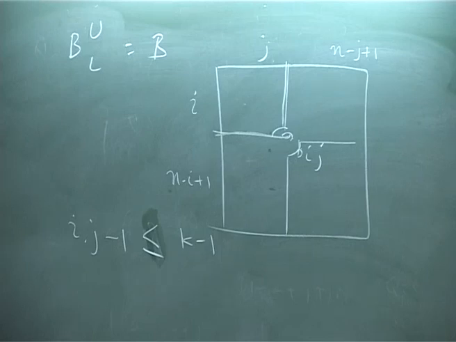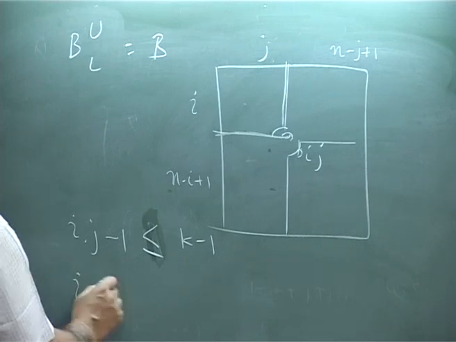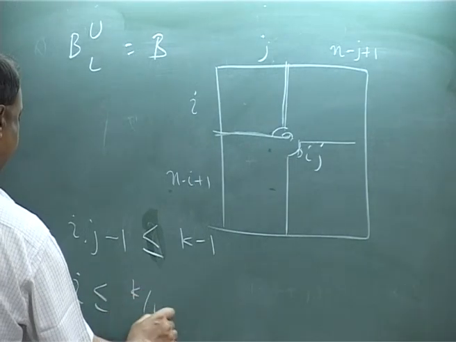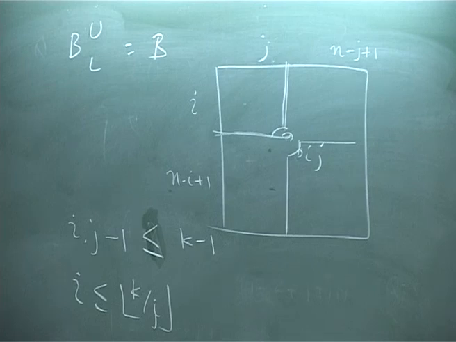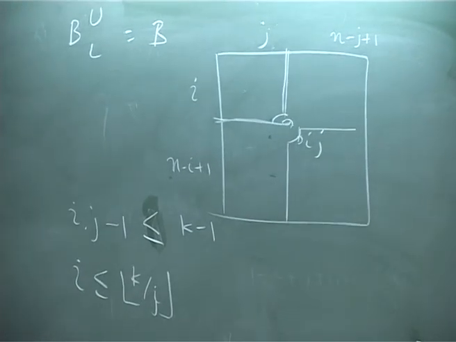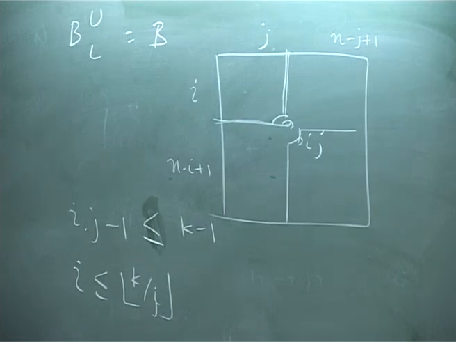This is one condition you can easily obtain, which tells you i is less than or equal to k by j, floor of k by j. That is guaranteed. Right? I could have taken the upper one, but that will not give you the guarantee; the floor gives you the guarantee.